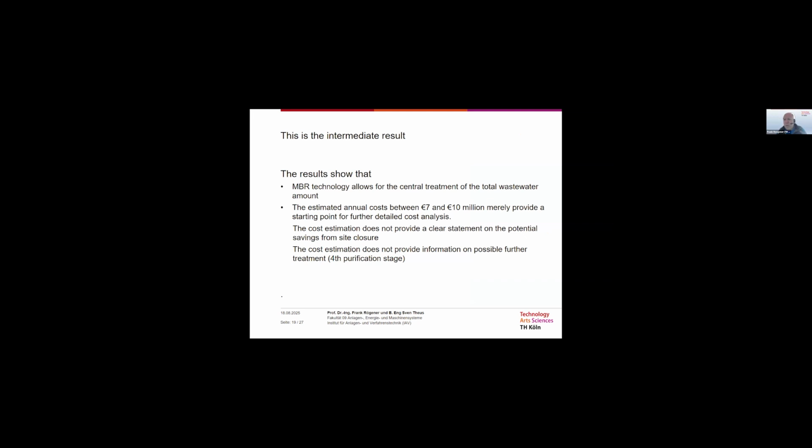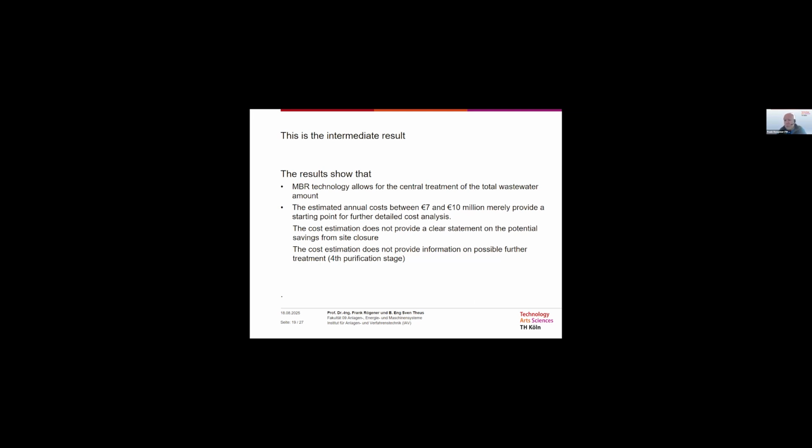So we are able to introduce membrane bioreactor technology for the treatment of the total wastewater of Bonn. This would be feasible. The estimated costs, as I said, are between 7 and 10 million euros, but this would be only a starting point.